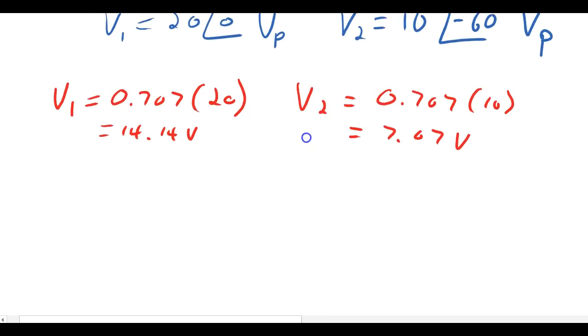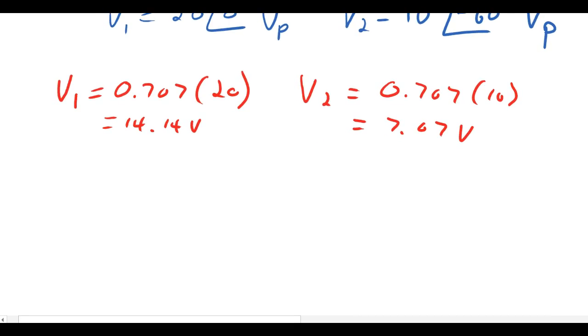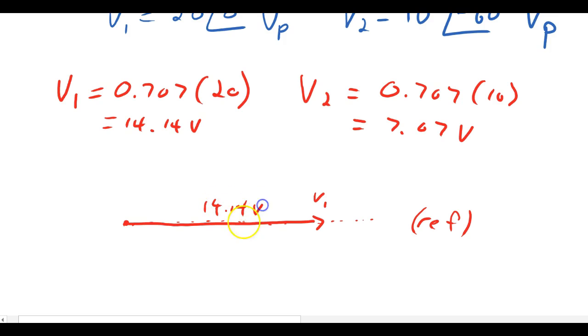Now, if we draw a phasor diagram, remember V1 is the reference. Typically, our reference is the positive 0 axis, or the positive x-axis, I suppose we'd say. And so we have V1 with an approximate length of 14.14 volts.